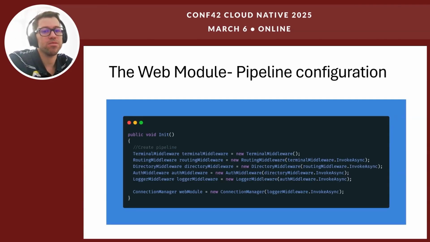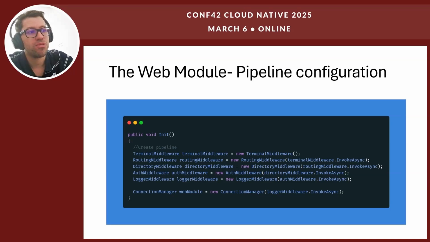To configure the pipeline, we can look at the init function of the server, not of the module, of the server. So where we create the module. We will first set a first pipeline that is a web pipeline. We will create all the necessary middleware and link them together. Okay, so we start with the terminal middleware because we start with the last one.